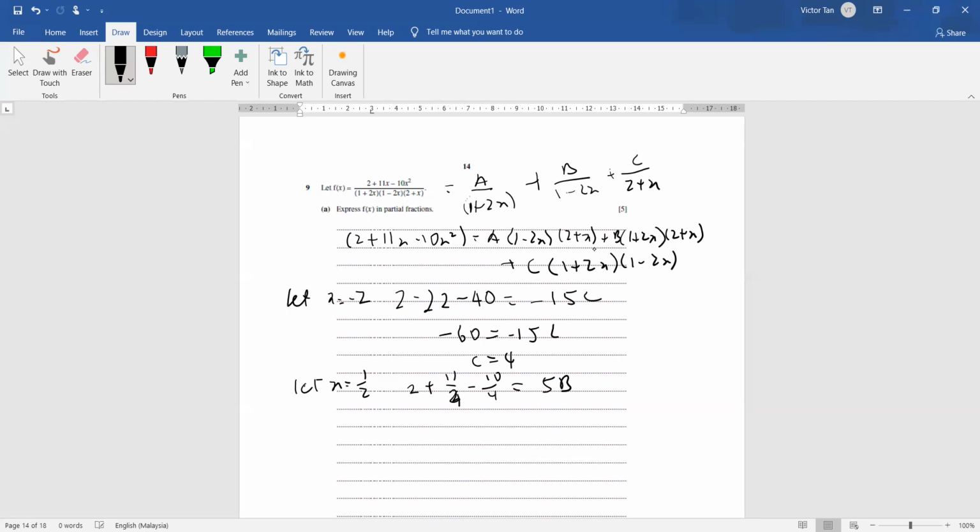So this is 4, this is 22. So it's 12 over 4, which is 11 over 2, 15 over 2, equals 5B.